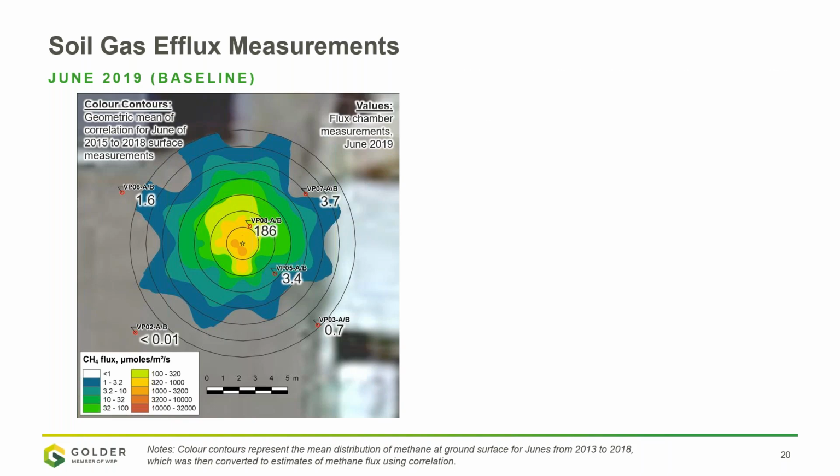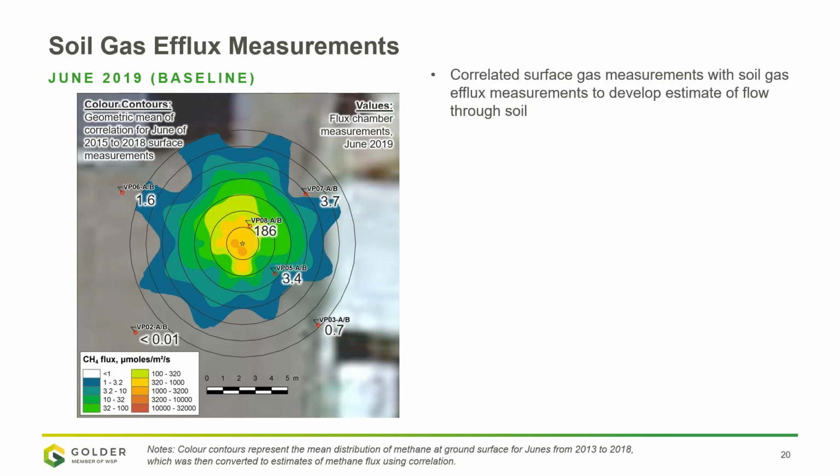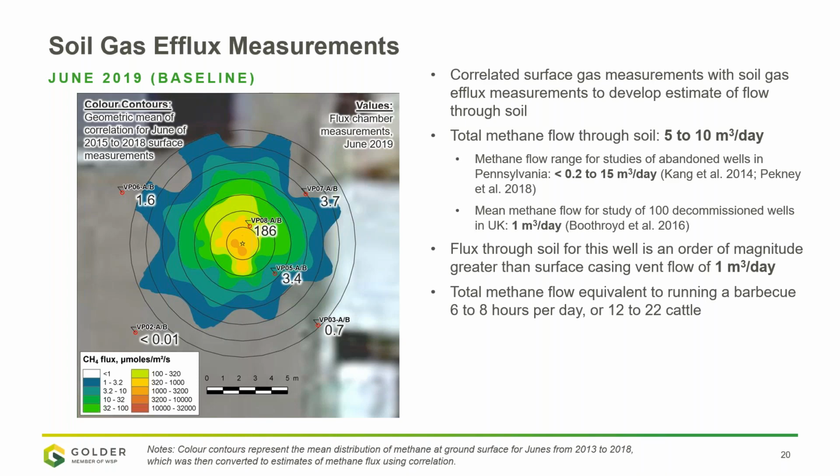So we took that methane efflux data and correlated it with the 50 months' worth of methane concentration measurements at the surface, and developed a distribution of the efflux from the ground that allowed us to estimate that the total methane flowing through the soil and emitting into the atmosphere was about 5 to 10 cubic meters of methane per day.